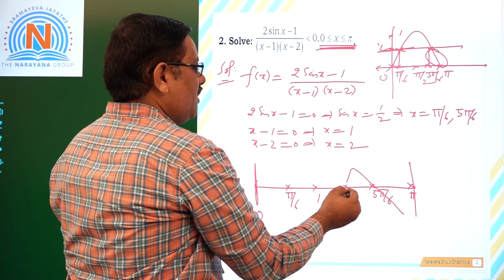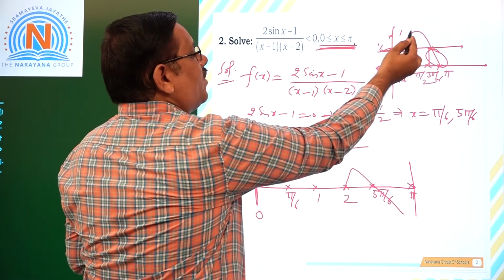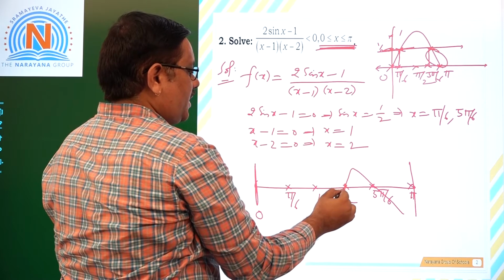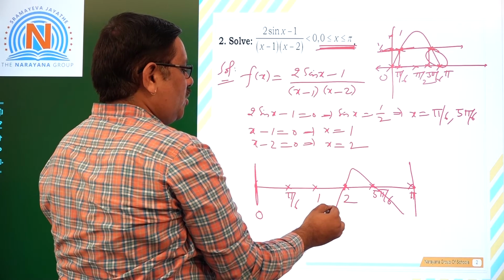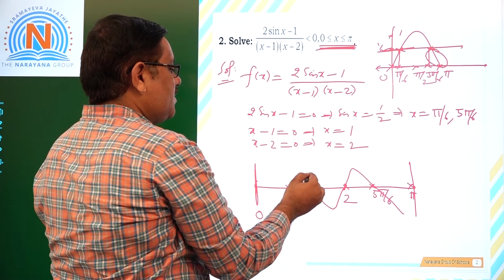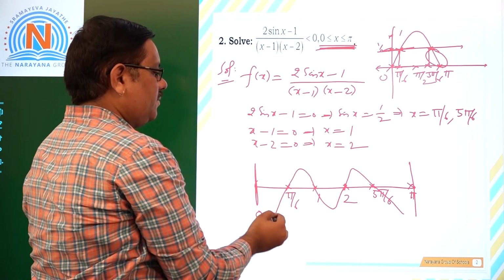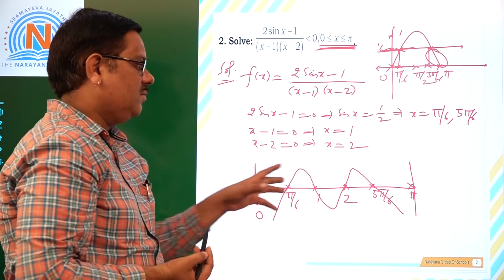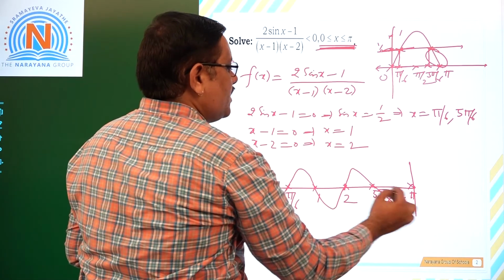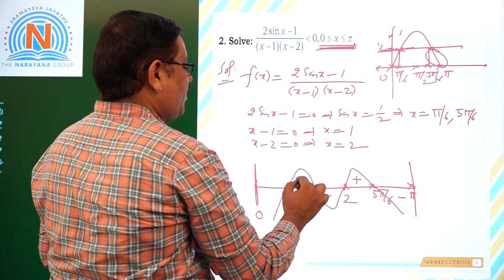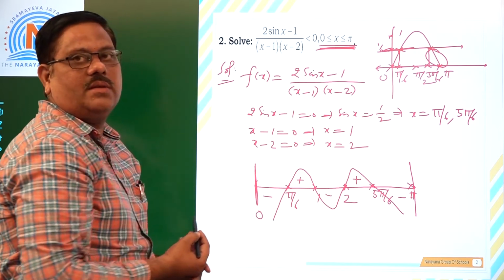Between 2 and 5π/6 it is positive. From 2 to 1 it is negative, again positive, and again negative. This is how the curve moves: negative, positive, negative, positive, and negative regions.